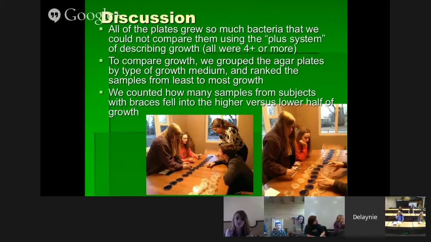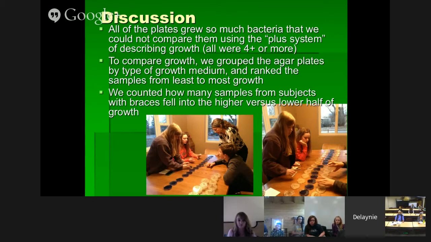All of the plates grew a lot of bacteria, so we could not use the plus system that we were taught in Bozeman. To compare growth, we grouped the agar plates by agar medium and ranked the samples from least to most growth.